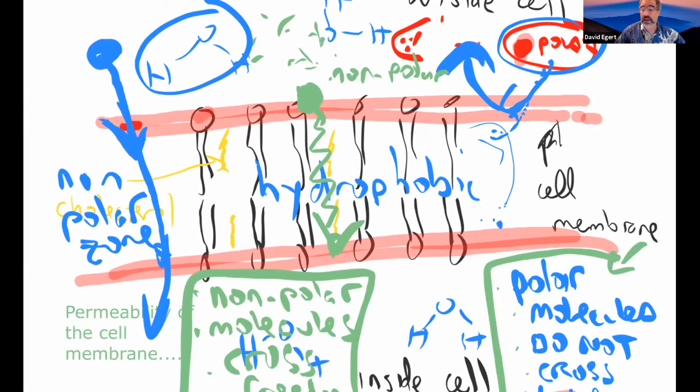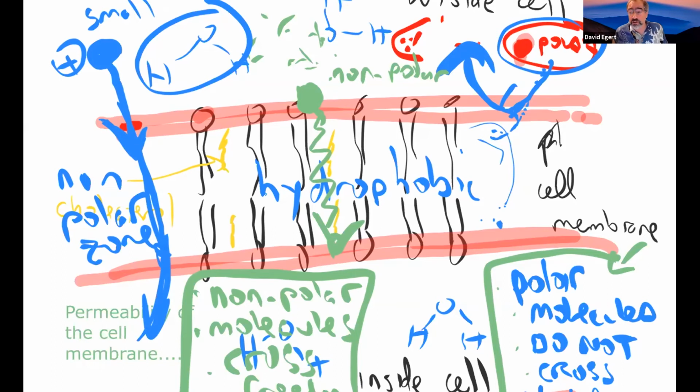So people talk about it kind of like a bullet or something. So really small polar molecules, even though it's polar, they tend to actually make it across. So that is the exception to this rule. Really small polar molecules like water.